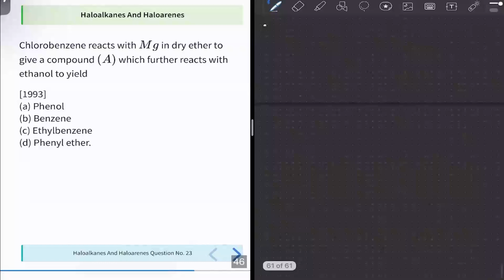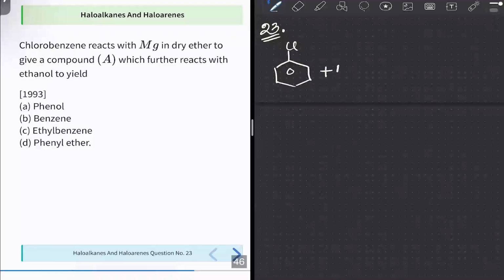Then question number 23. Chlorobenzene reacts with magnesium in dry ether to give a compound A, which further reacts with ethanol to give... Let's write the reaction series. Chlorobenzene reacts with magnesium in dry ether.